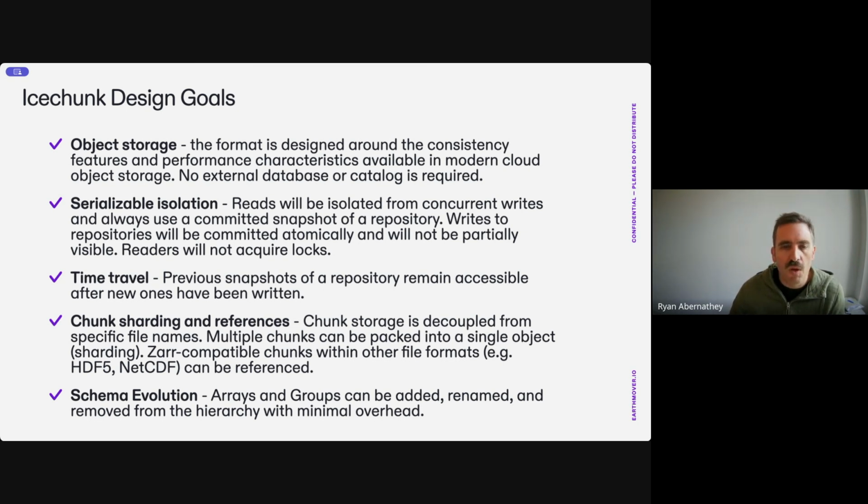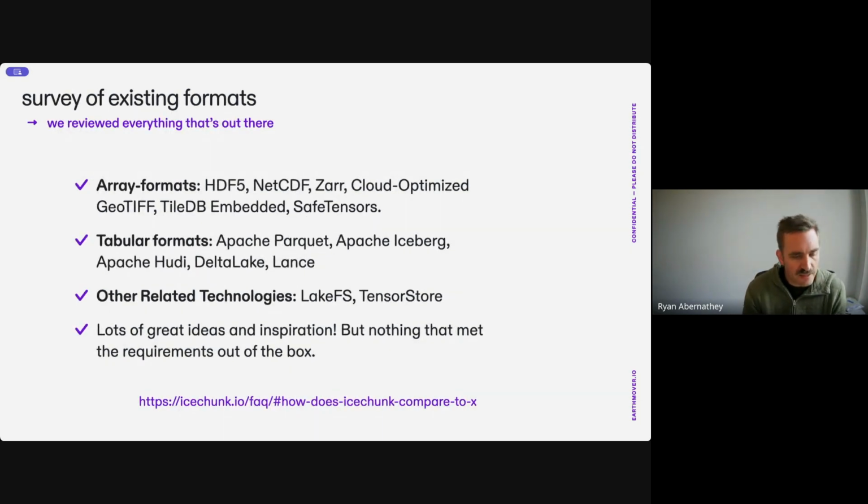And so we've surveyed everything that's out there, everything we could get our hands on in terms of technologies in this space. So we looked at all of the array formats, HDF5, NetCDF, of course, Zarr, Cloud Optimized GeoTIFF, TileDB embedded, safetensors. We looked at every technology we could find. We also looked at all of these tabular formats.